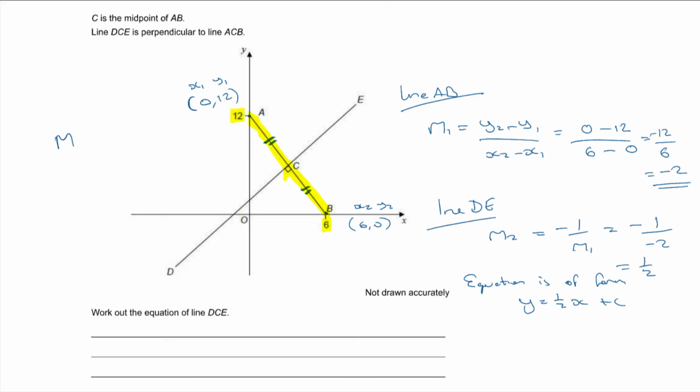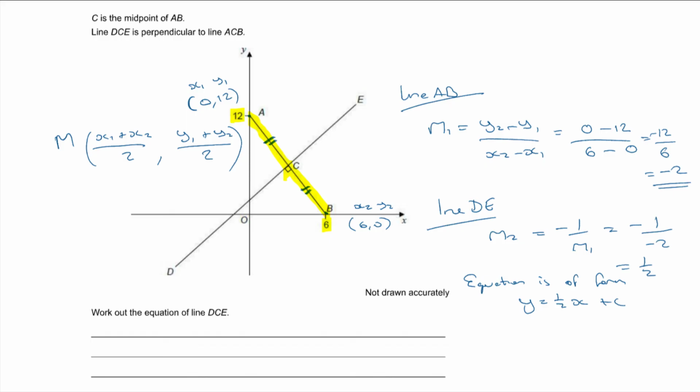Now you can find the midpoint of the line by averaging your 2 coordinates. So I take my 2 coordinates, x1 and x2, add them together and divide by 2. Average my x coordinates and do the same thing with my y coordinates, y1 plus y2 over 2. Then that will give me the midpoint, won't it? Okay.